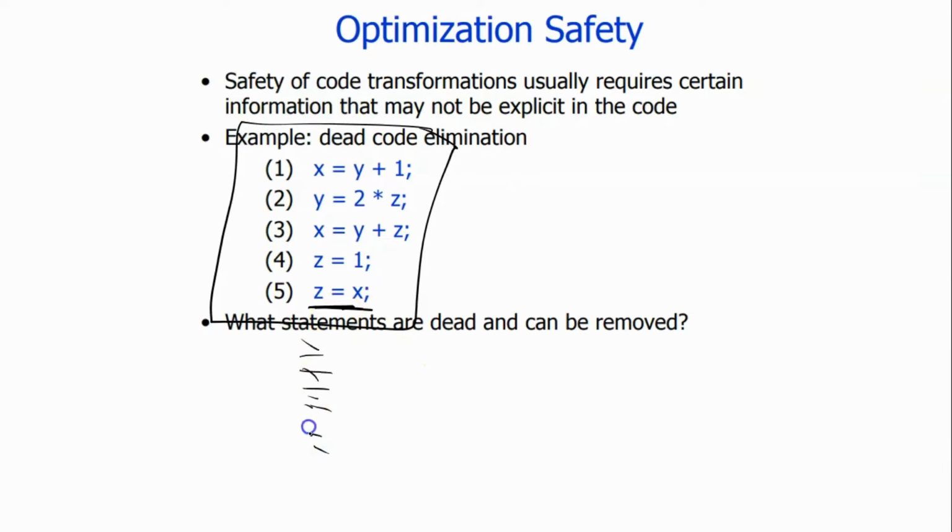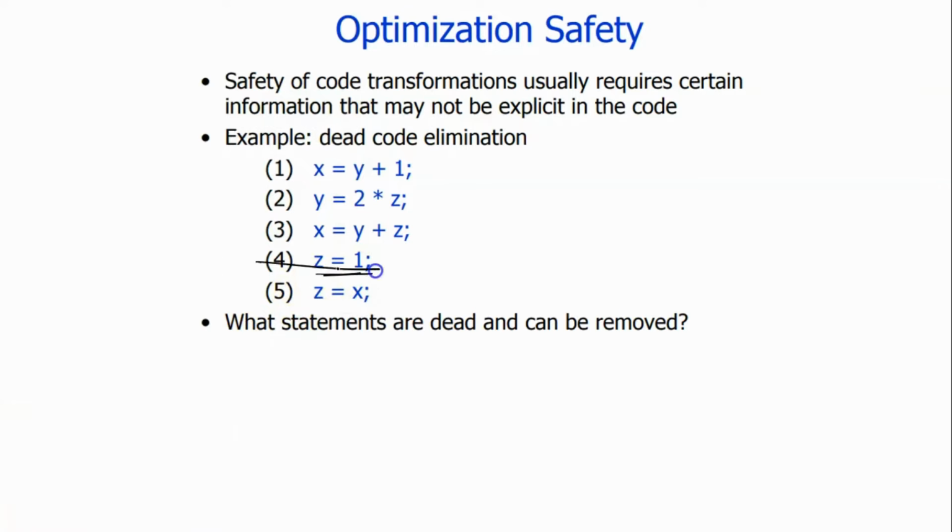Anyway, this is not dead code, but this Z equal to 1 is definitely dead code, because it will never be used anywhere, even in the further program. From here onwards, this Z will be used. So that's why Z equal to 1 is dead code.